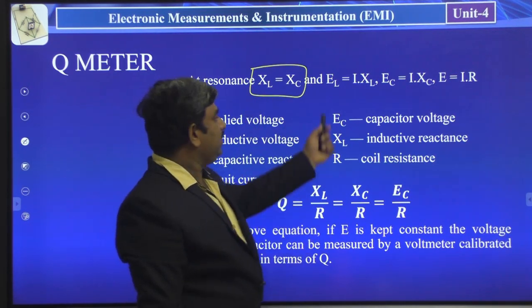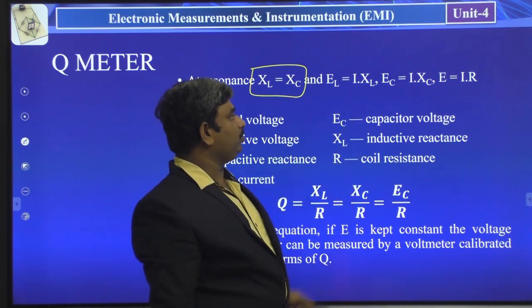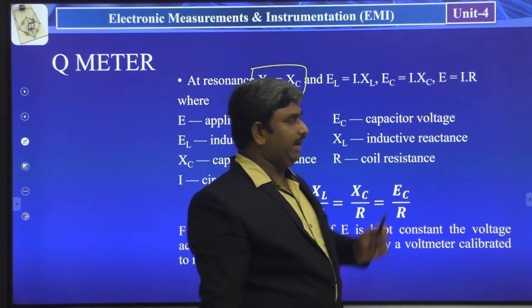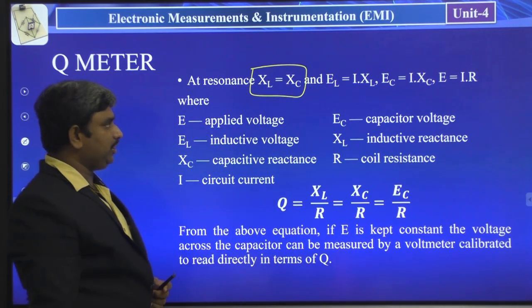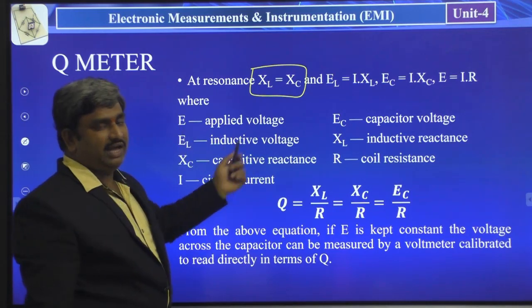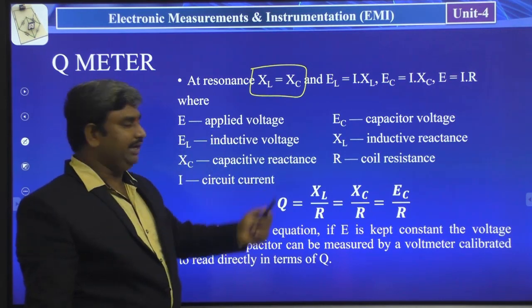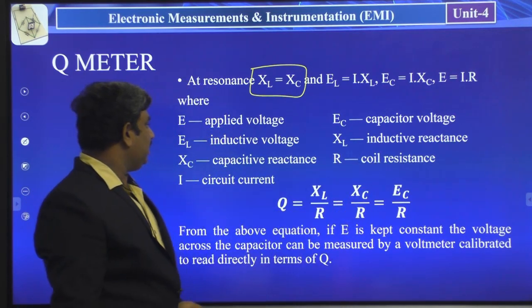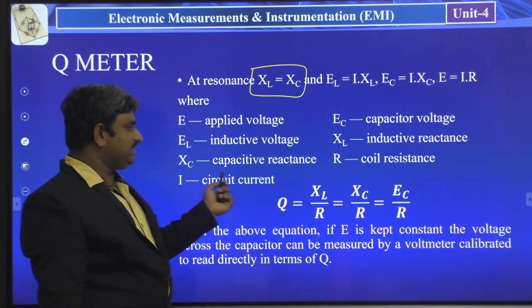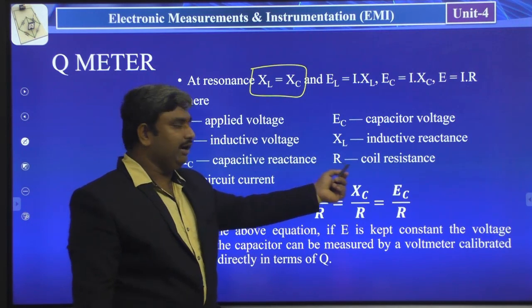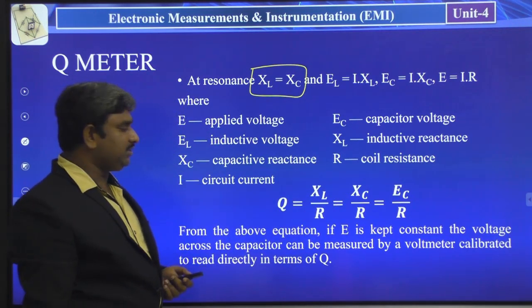In this situation, EL, the voltage across the inductor, is equal to I XL, EC is equal to I XC, and E is equal to I R, where E is the applied voltage, EC is the capacitor voltage, EL is the inductor voltage, XL is the inductive reactance, XC is the capacitive reactance, R is the coil resistance and I is the circuit current.